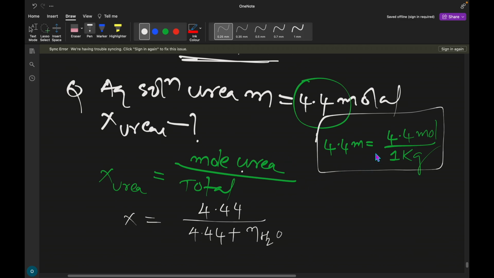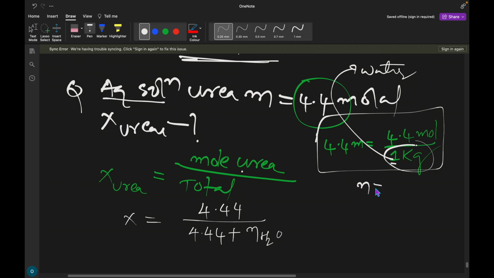Okay, so what is this 1 kg? This is water, right? Number of moles per 1 kilogram of solvent. In an aqueous solution the solvent is water. So solvent mass is 1 kg.